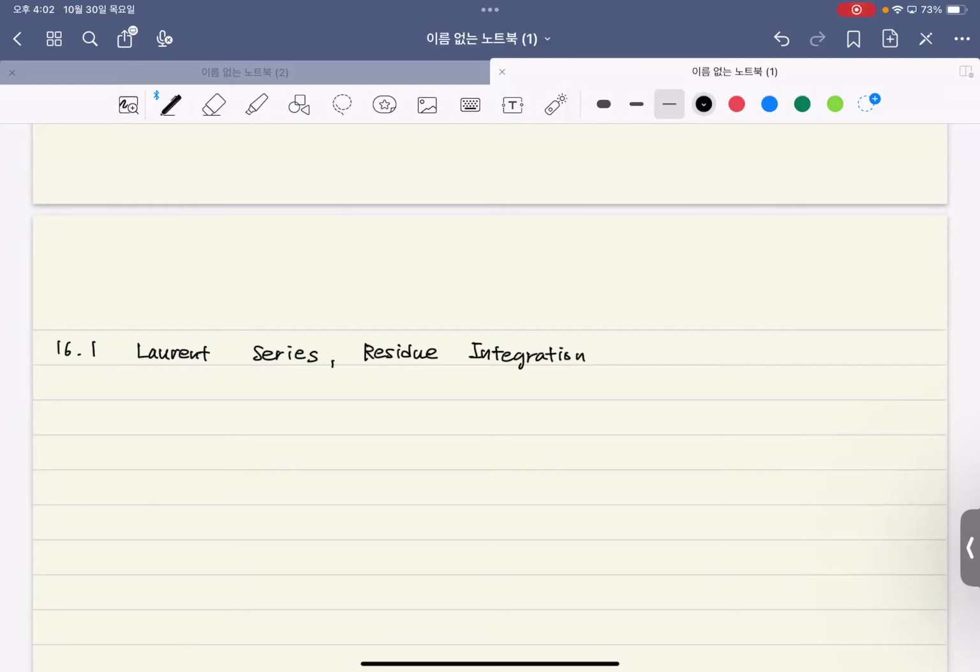Okay. Well, so what was the Taylor series or the power series? The power series was the way that we used to represent any given analytic function in terms of polynomials, right? And especially the choice of the center is considered very crucial.